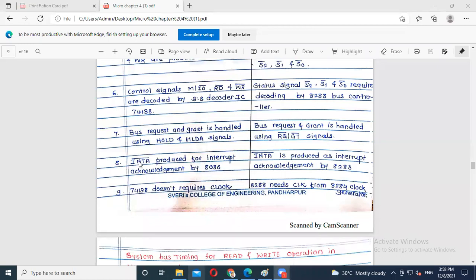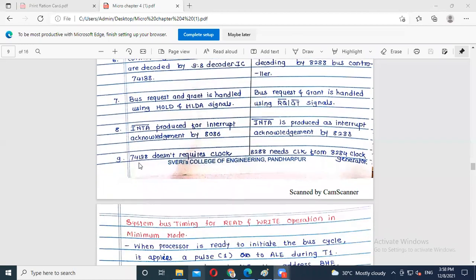And at the last point, the ninth one, there is a memory chip, that is 74138, which doesn't require a clock. So in the minimum mode configuration, we use this chip that does not require a clock, but the 8288 needs a clock from the 8284 clock generator.